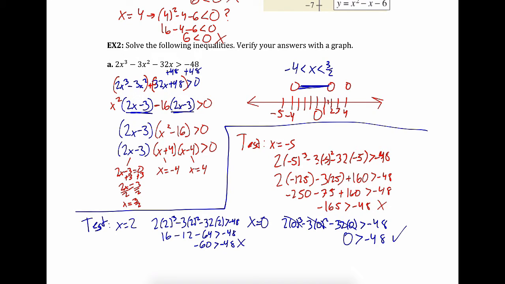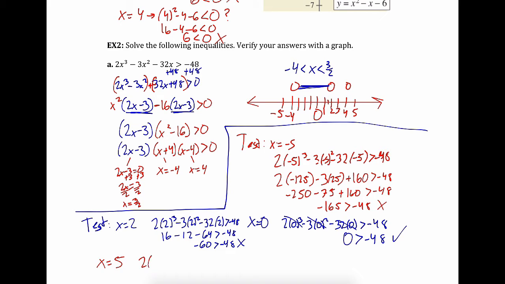That's just not true. That means 2 is not a solution, nor is any value in between 3 over 2 and positive 4. Testing out one last value, let's test out one on the right side, which is plugging in 5. So plugging in x equals 5.